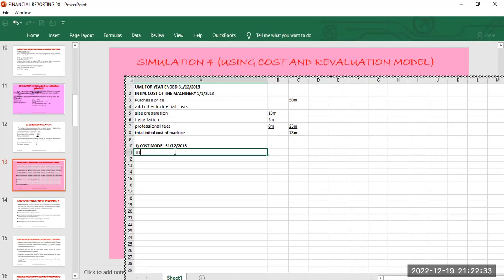We are accounting for this machine. We are saying that the machine will be measured at cost less accumulated depreciation, since it is a depreciable asset, and accumulated impairment loss.